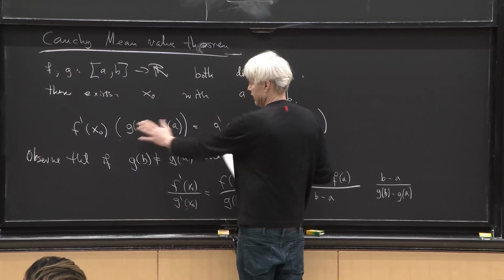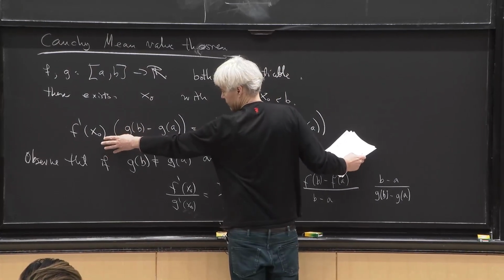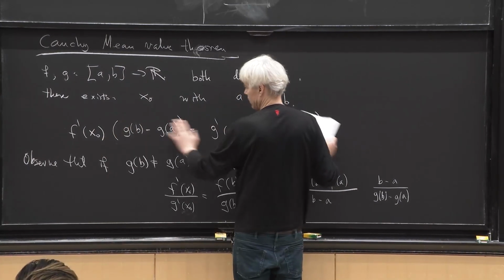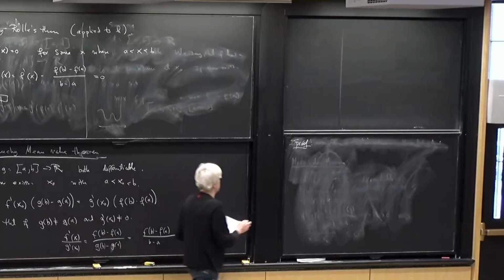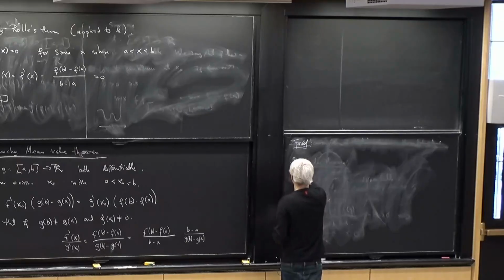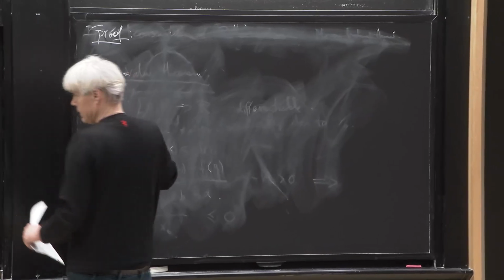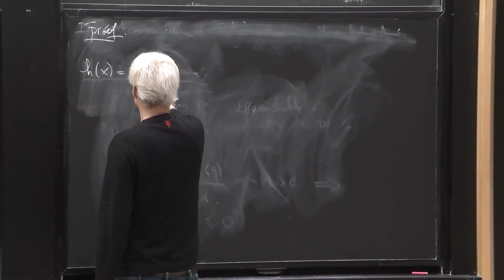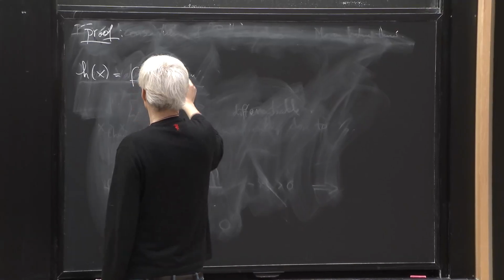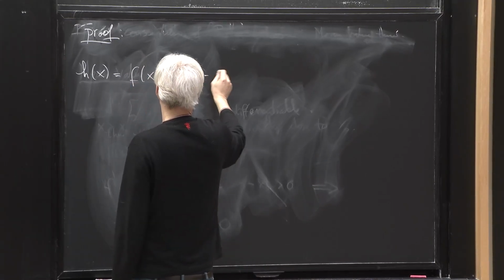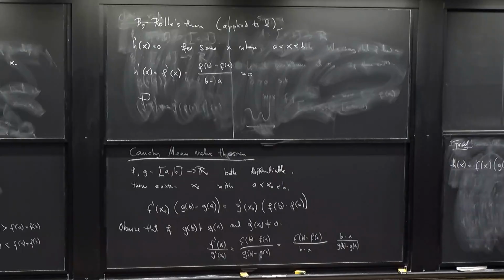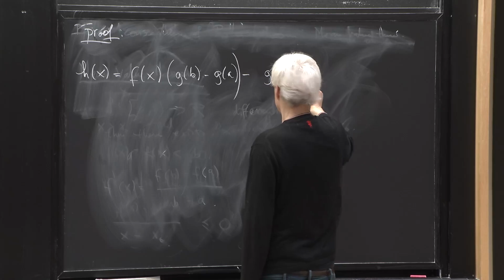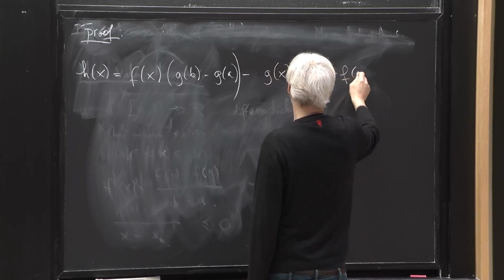So if I take this expression that I want to prove, and move this thing over to the other side, then I would define h of x to be f of x times g of b minus g of a, minus g of x times f of b minus f of a.